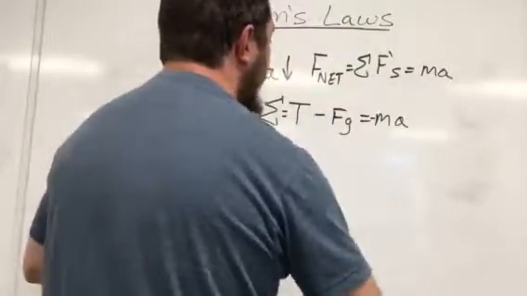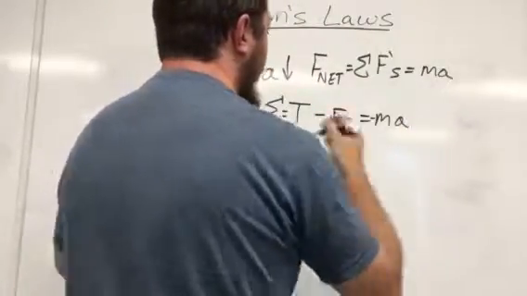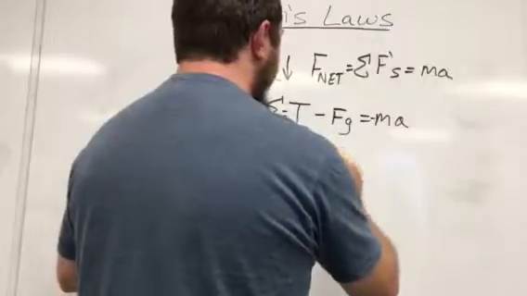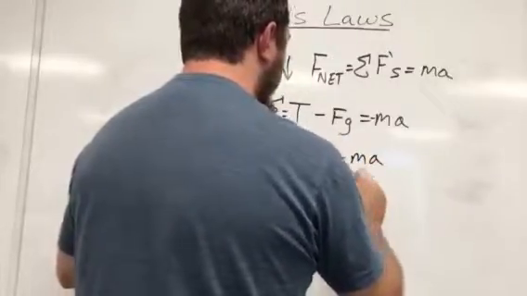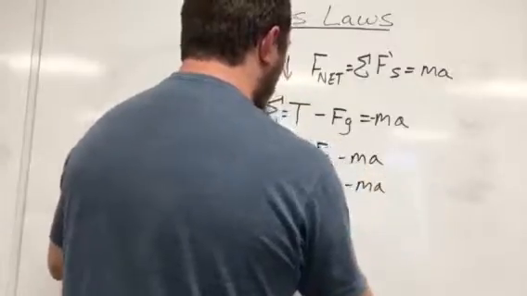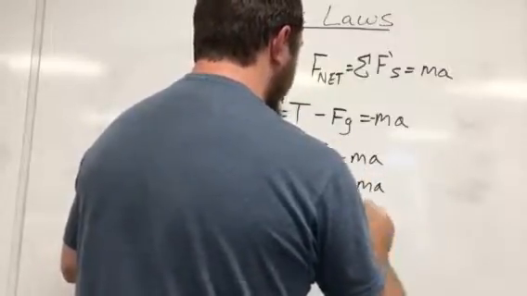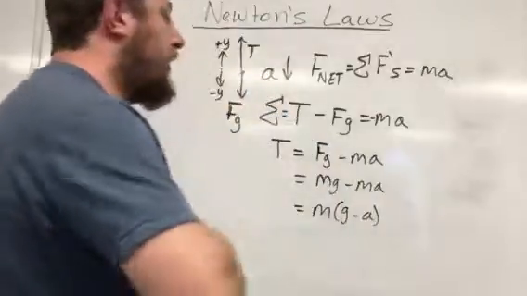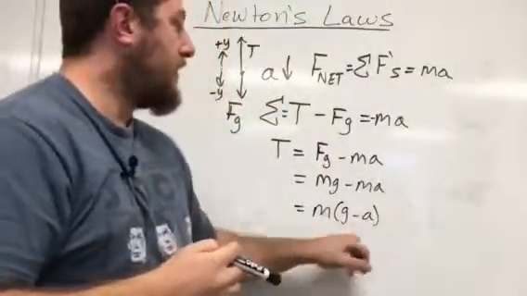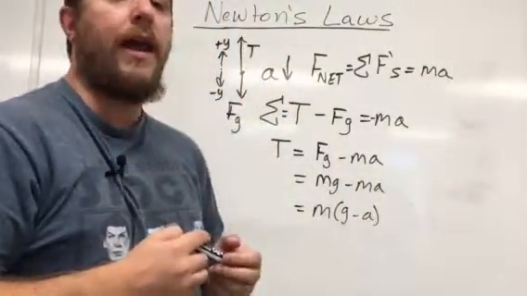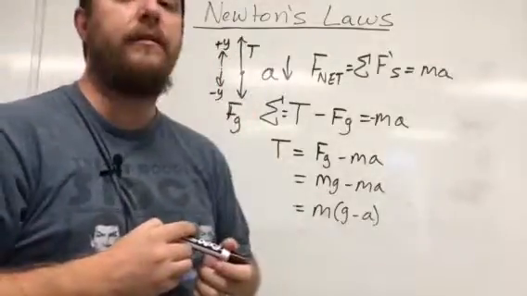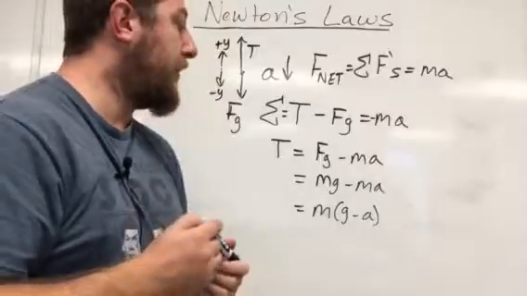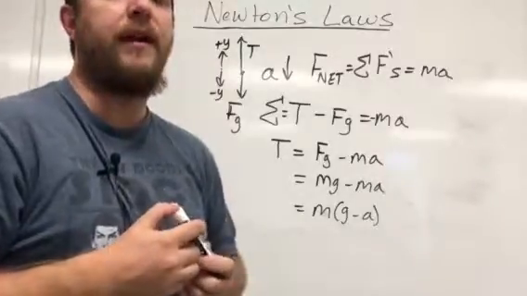And so when I add mg, when I add Fg to this side, this is going to be Fg minus ma, or mg minus ma, or m times (g minus a). And what that means is the larger A becomes, the less tension I have, all right?